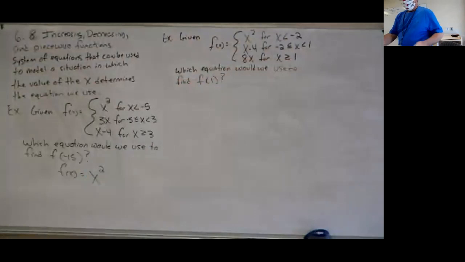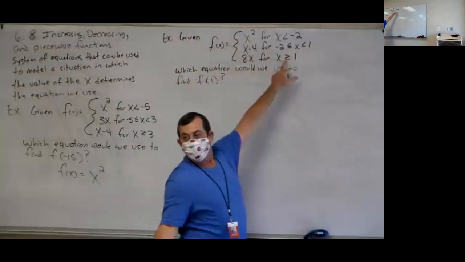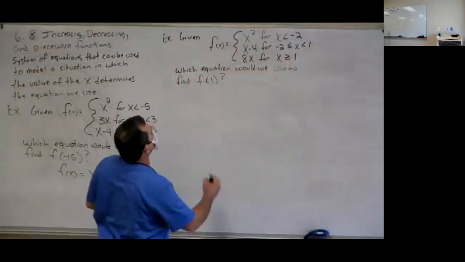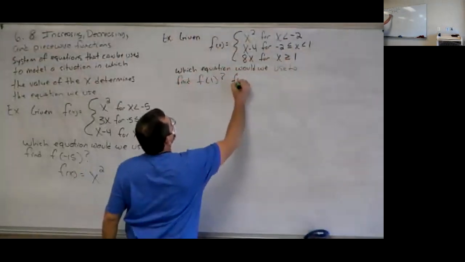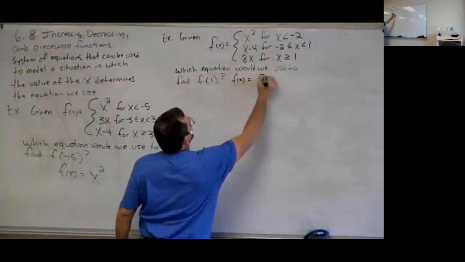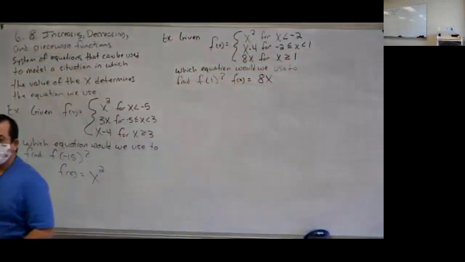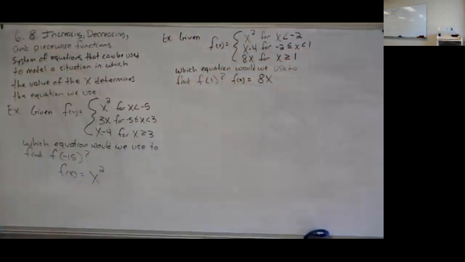Bottom. Good job, because it's got the equals 1 in here. So you definitely use the bottom one, so f of x equals 8x. And that's all you do with these. You find your x value, determine which domain it fits into, and once you have that domain, grab that equation, okay?